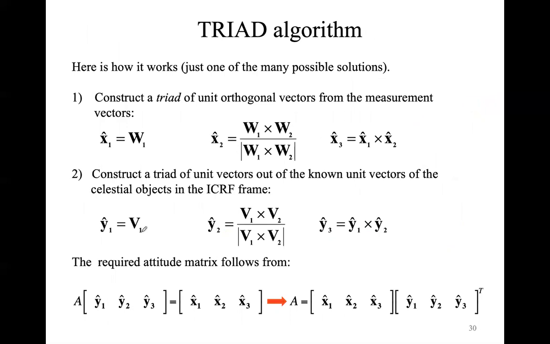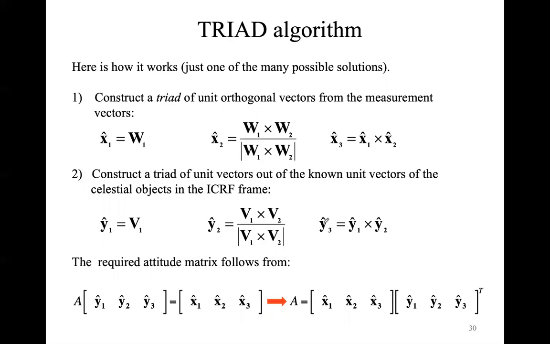So it will be V1 for Y1, and we will also do the cross product of V1 and V2 to have Y2, and we do the third component to have a proper orthogonal triad.